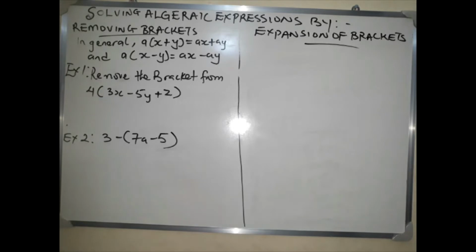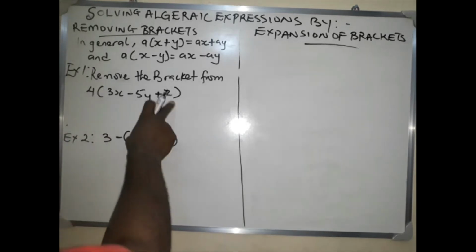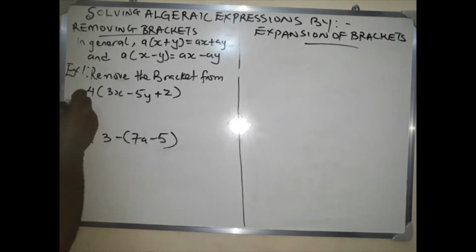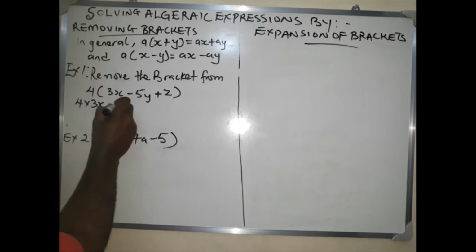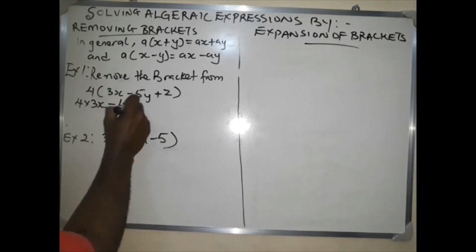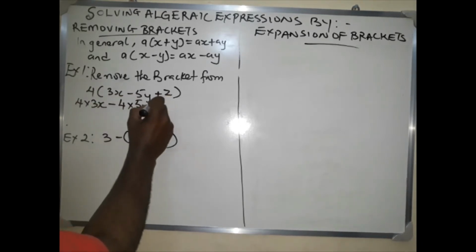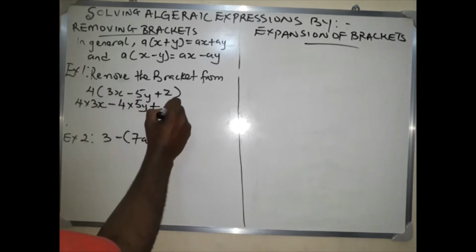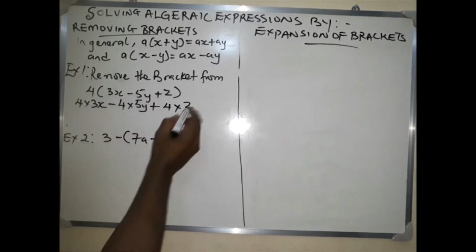Now, in order for us to do that, we have to multiply 4 by everything that is inside that bracket. So we'll start by saying 4 times 3x minus 4 times 5y plus 4 times z.